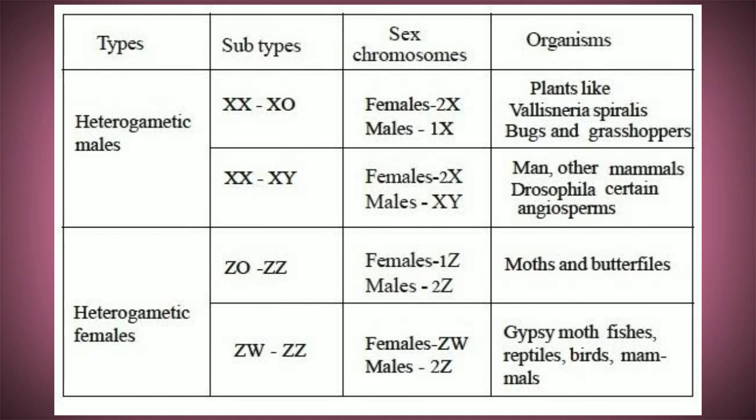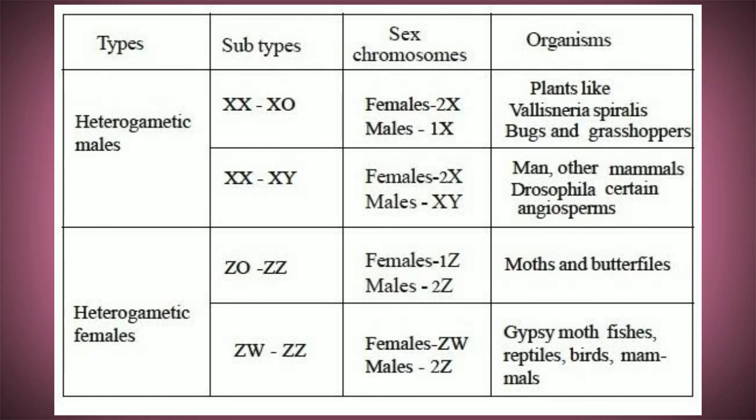And in heterogametic females, it can be ZW, where the females bear two different types of sex chromosome, as in moth, fish, birds, reptiles, etc. So in this we find heterogametic females, and the males will become homogametic males.